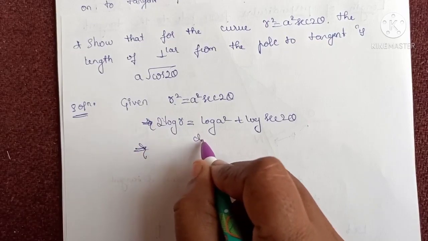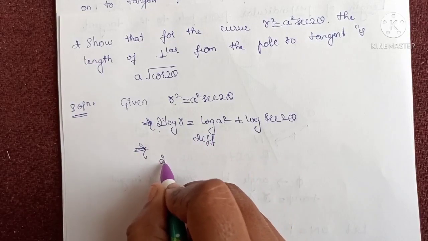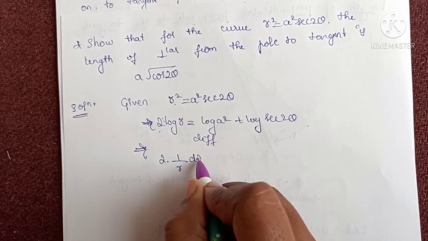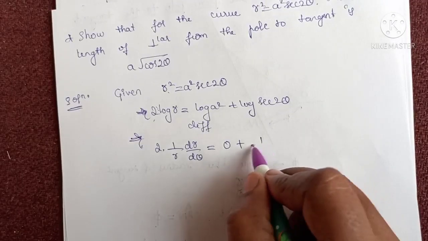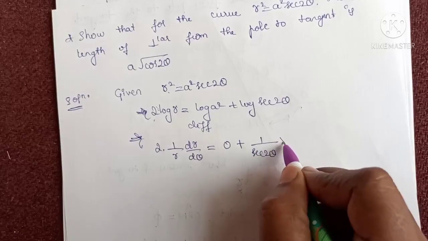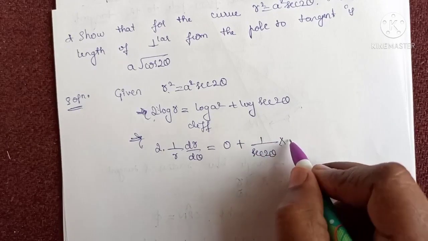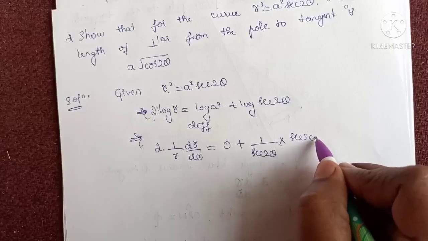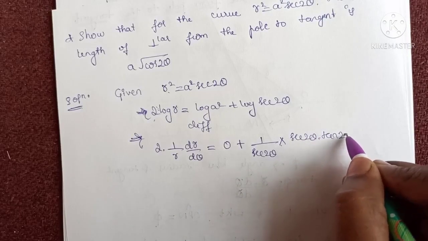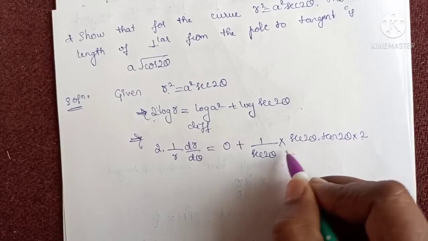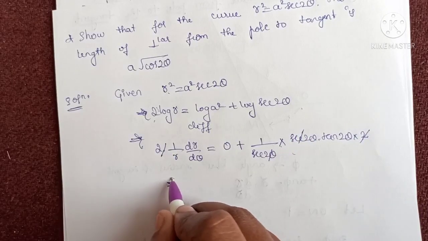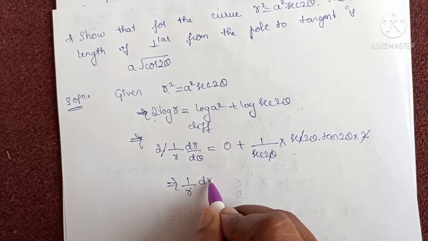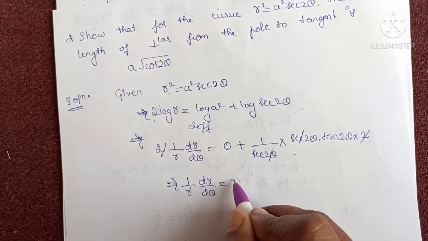Differentiating, we get 2 into 1 by r dr by d theta equals 0 plus 1 by secant 2 theta into the derivative of secant, which is secant 2 theta into tan 2 theta into 2. So this 2 gets cancelled, sec gets cancelled, and we get 1 by r dr by d theta equals tan 2 theta.